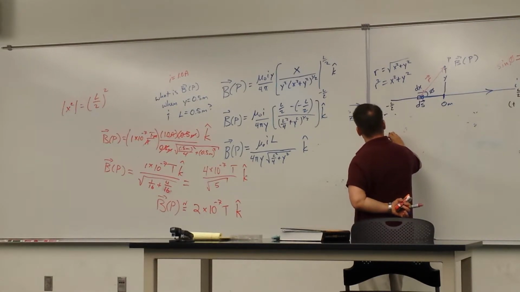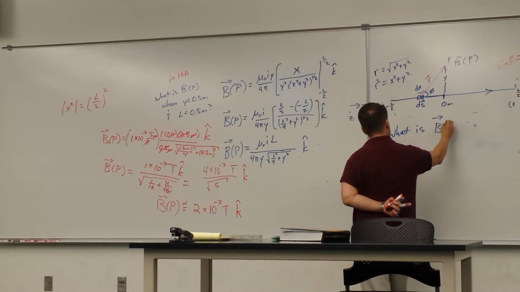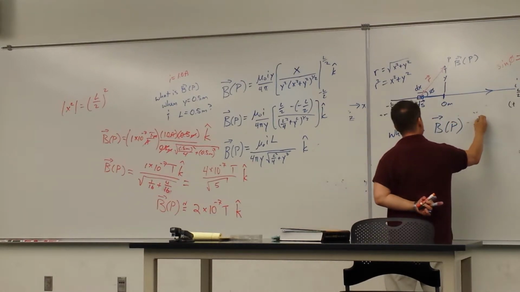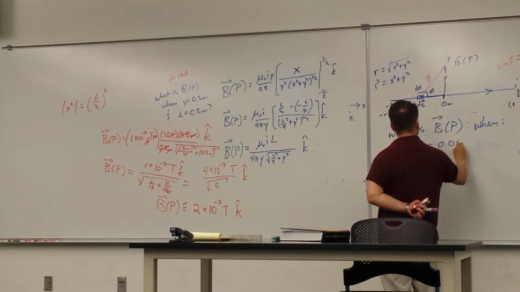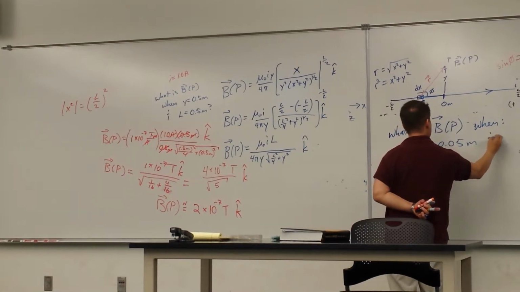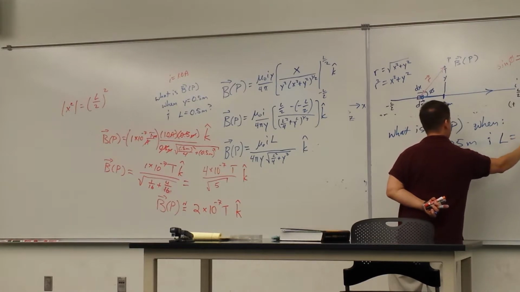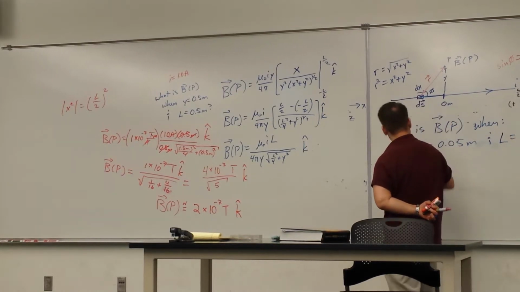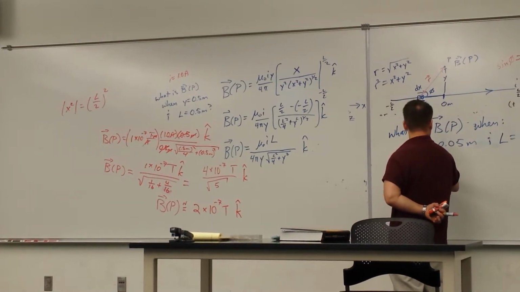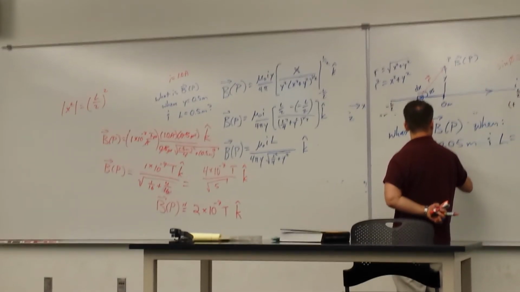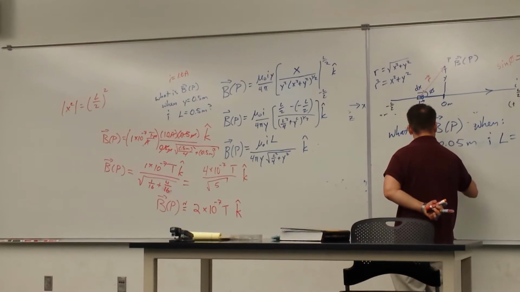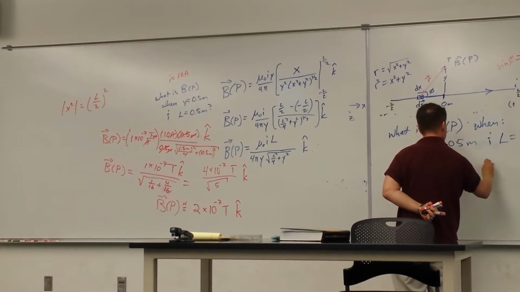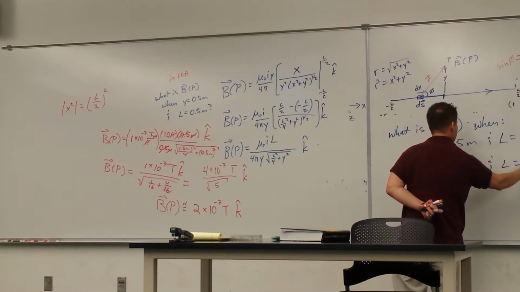So, what is B at P when y is 0.05 meters and L is 0.5 meters? And when y is 0.5 meters, excuse me, and L is 0.05.